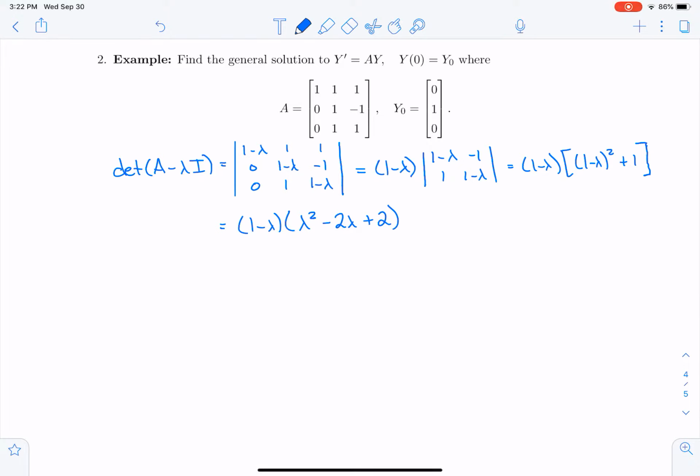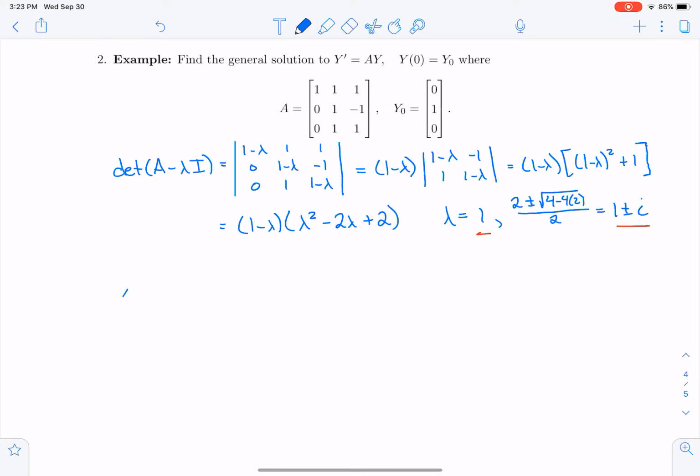And so lambda is equal to 1, or we can use the quadratic formula and we get 2 plus or minus the square root of 4 minus 4 times 2, over 2. That's also known as 1 plus or minus i if we simplify. Okay, so what I have is 1 real eigenvalue and 2 complex eigenvalues.